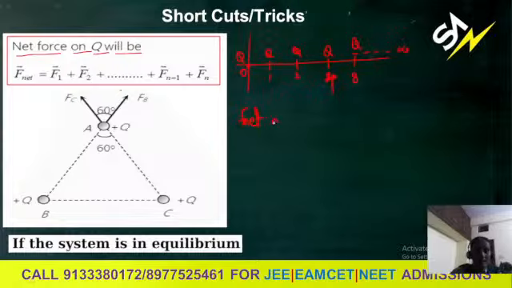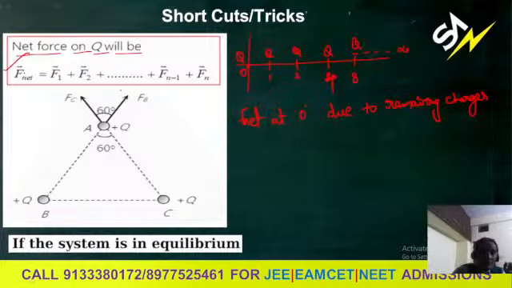F net at O. At O there is a Q charge, and I need the force due to the remaining charges. According to the principle of superposition, because all are identical, at O due to the first charge, it will be repulsive because both are the same charges.